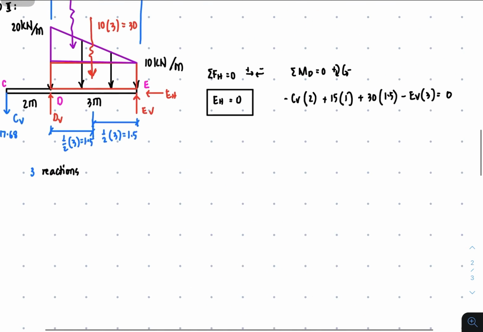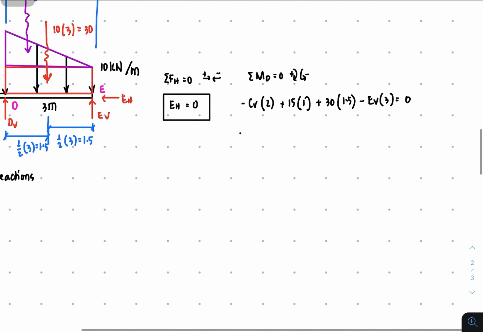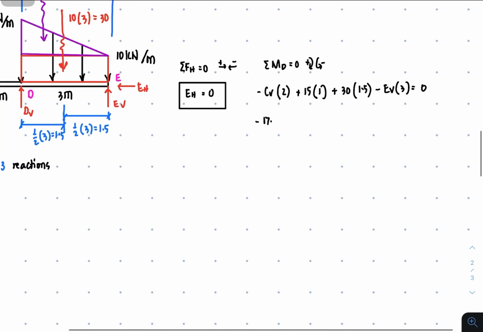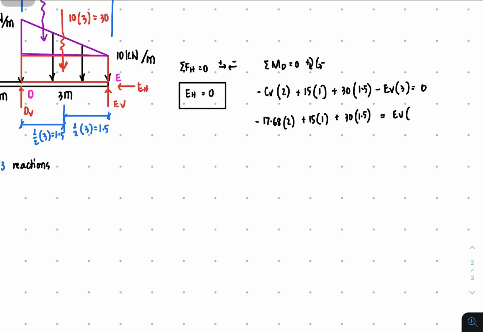And let us substitute CV, which, since it's negative, is negative 17.68, times 2, then plus 15 times 1, then plus 30 times 1.5. Then you transpose EV to the other side, and it will become positive EV times 3.